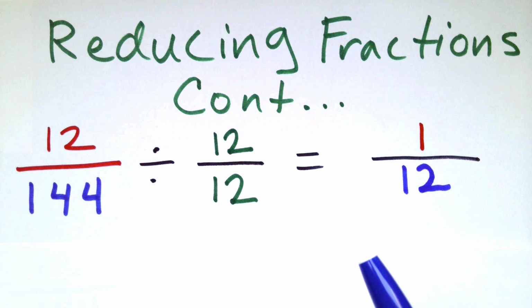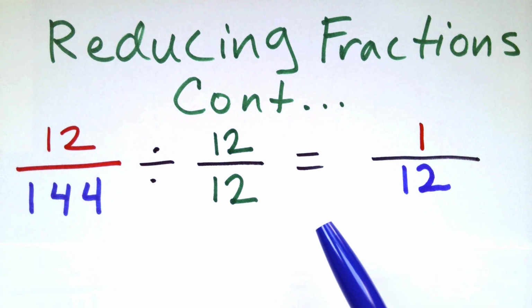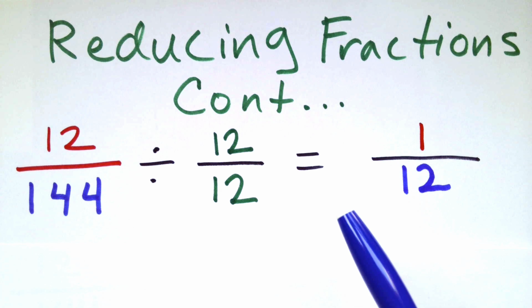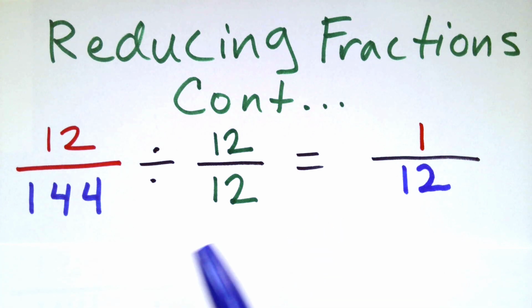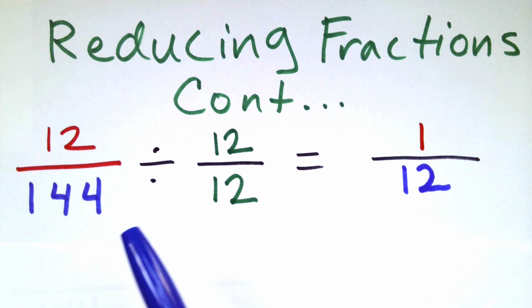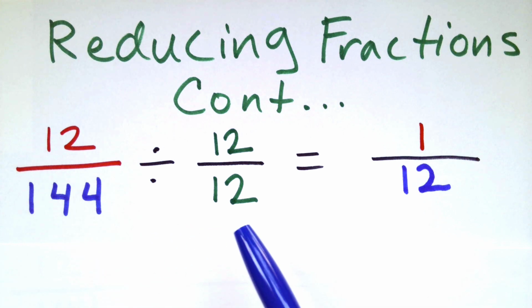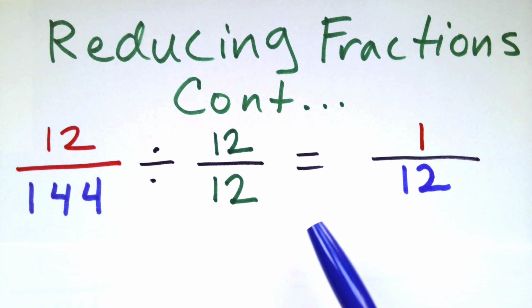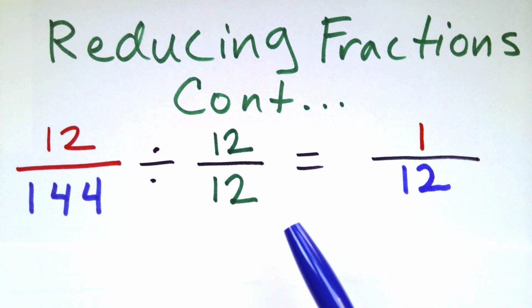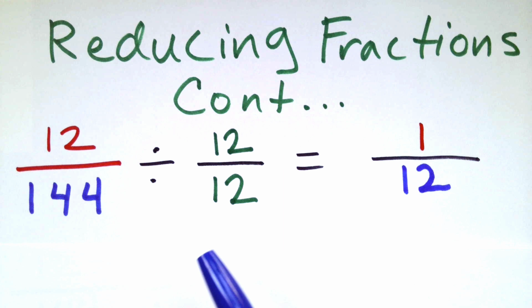But let's say you're not very strong with your 12 by 12 products table, that your multiplication skills may be weak. Let me show you another example of how to reduce 12 over 144 by dividing your smallest multiples into that fraction and slowly simplify the fraction.